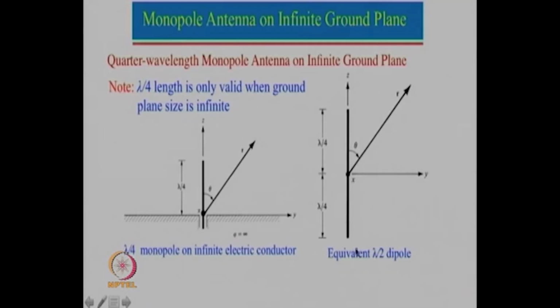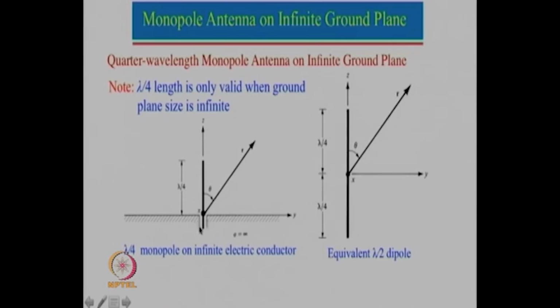But let us see here how we have a dipole antenna and the equivalent monopole antenna. So here is a dipole antenna of length, let us say, lambda by 2, where we feed over here using a balanced line. One can see that there is a symmetry here: there is a current going in this direction, and this current is coming over here. So if we replace this whole thing by a very large infinite electric conductor, then we can say that there will be a lambda by 4 antenna over here, and we can use a coaxial feed here.